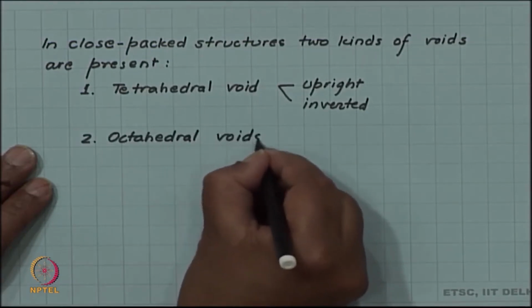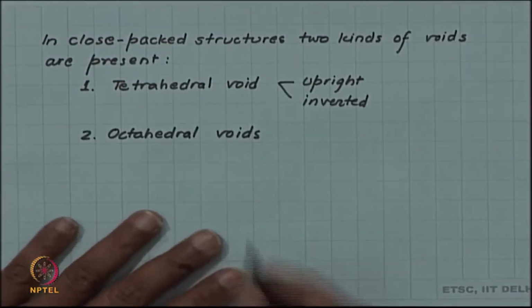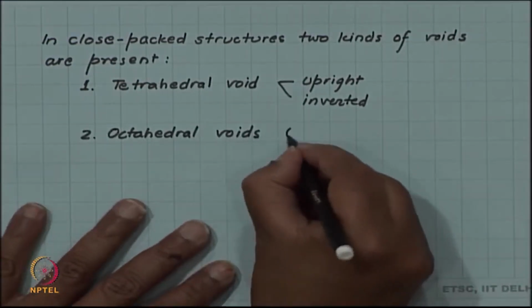And octahedral voids, which come only in one orientation.